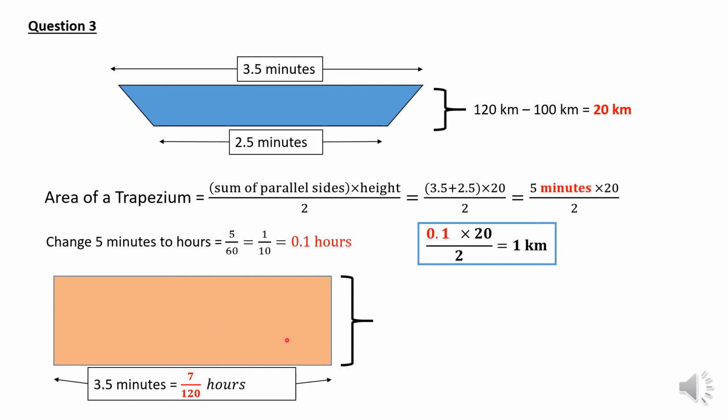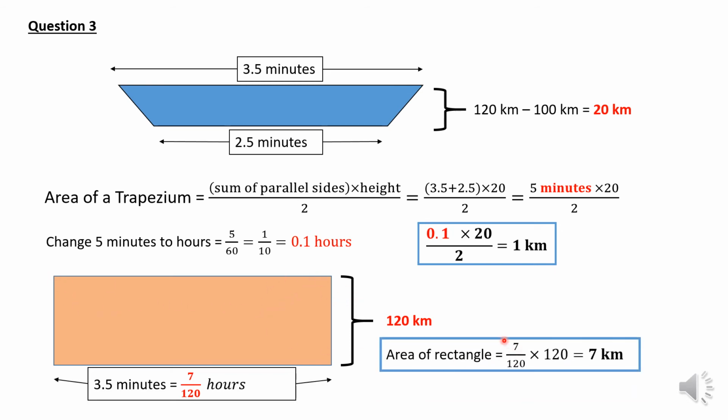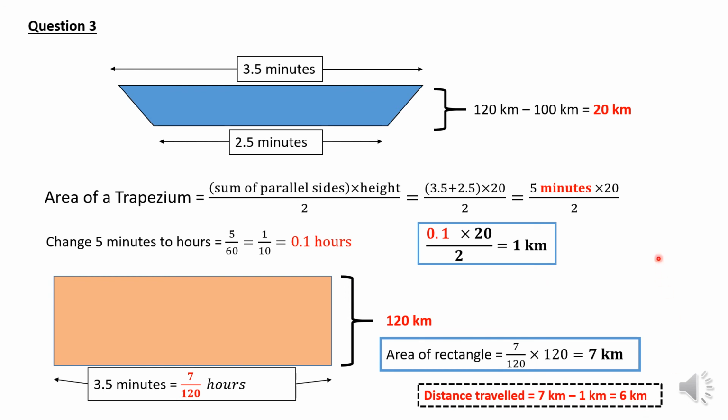The height of the whole rectangle with this little part is in there somewhere. So when you calculate the area of the rectangle, I get 7 over 120 times 120, I got 7 kilometers. So in order for me to find that part on top, you do your subtraction and you get to 6 kilometers. That is exactly what I meant by how you can do that one using this way.